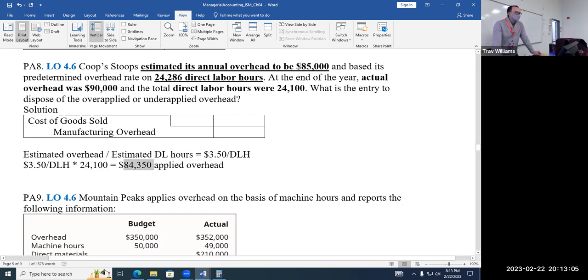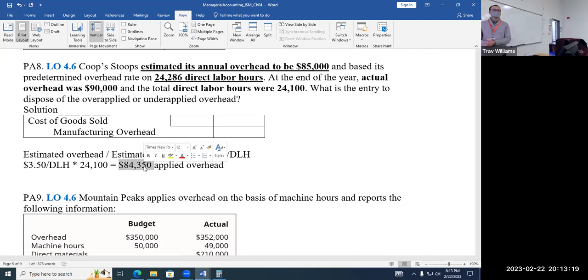So you see the company estimated their overhead to be 85,000. Then during the year, they applied 84,350. And then when they added up to see how much overhead they actually had, the actual was 90,000. So now to figure out, did we over apply or did we under apply? We compare our applied overhead to our actual overhead.